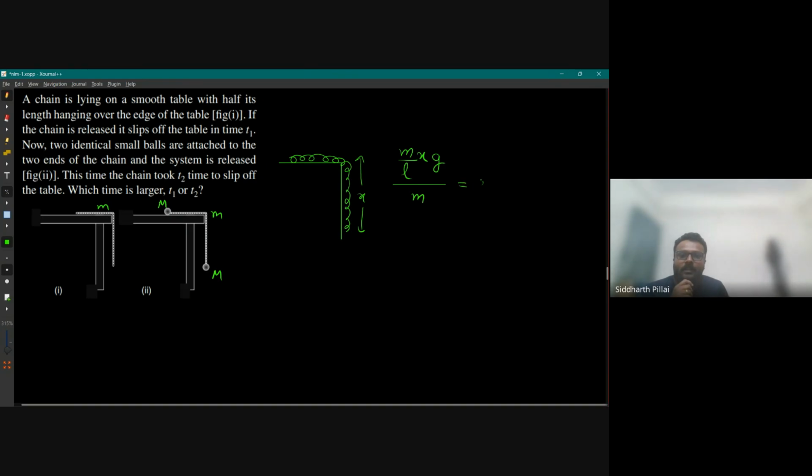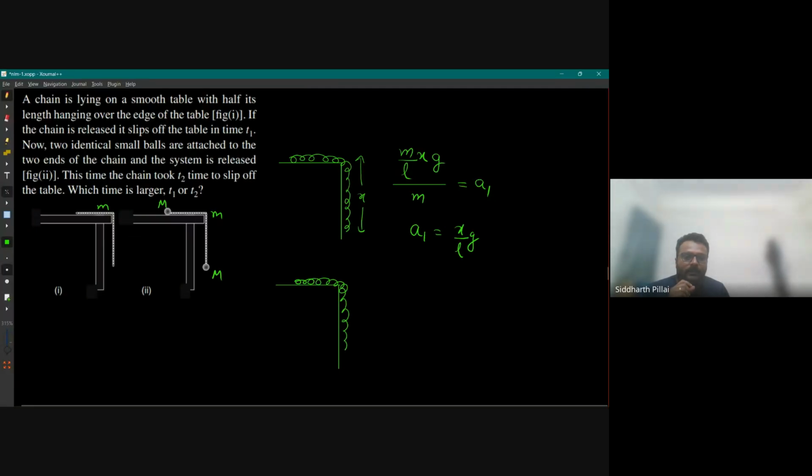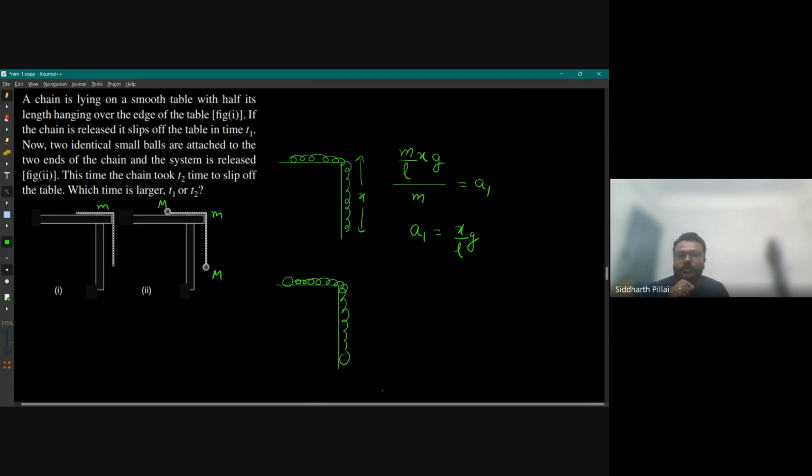So this is your A1, the acceleration as a function of the length X that is hanging off the table. I can write A1 is equal to X by L into G. In the second case, the same thing, but you have these two balls also attached to the chain.